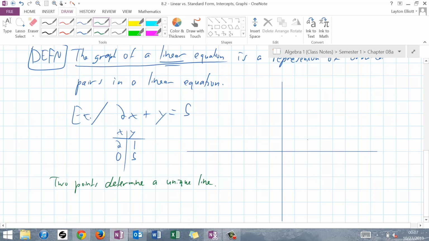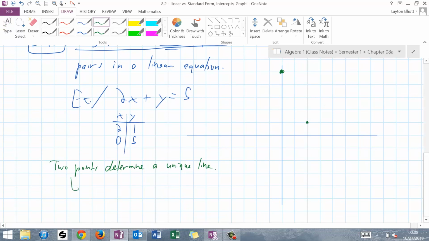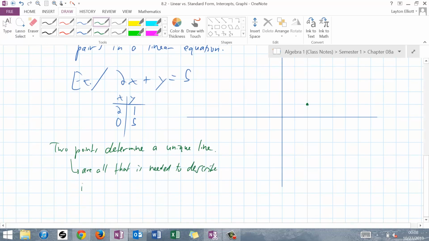If I graph (2, 1) and (0, 5), there is only one possible way to connect those in a line. Just one way. And so 2 points are all that is needed to describe infinitely many other points.